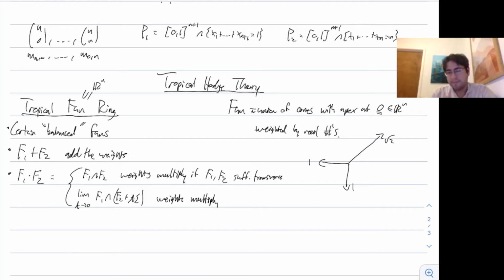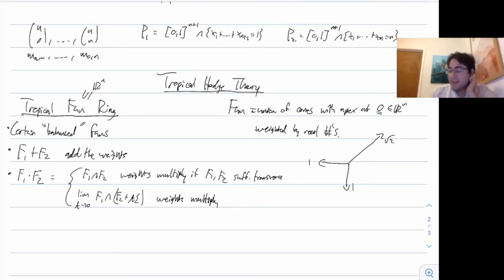So basically, if the two fans didn't intersect transversely, you translate one a little bit, you do the intersection, and then this looks like a fan if you zoom out really far, so that's the fan you get. Maybe there's some technical condition on how the weights multiply, but this is the tropical fan ring for the purposes of this talk.